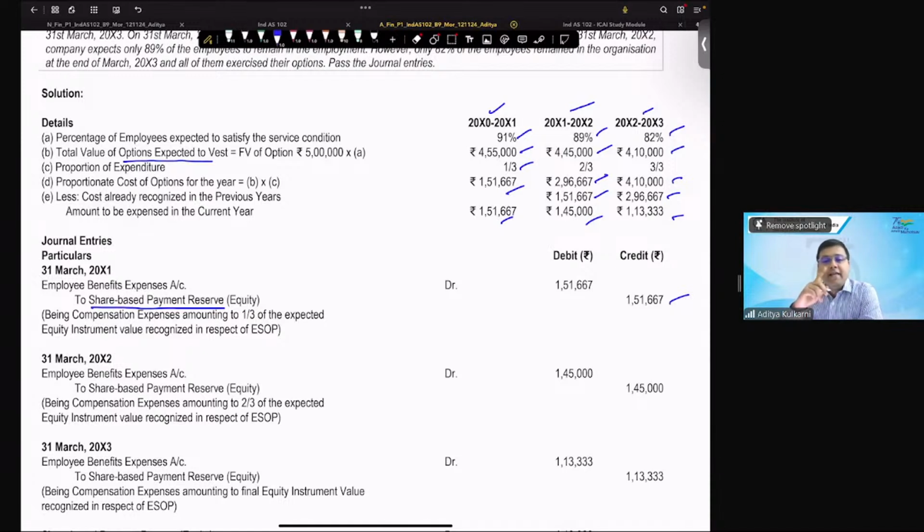Instead of share-based payment, we used a different term there, stock options outstanding account. Okay, it's the same thing. Only the name has changed. It becomes an SBP reserve now. And this will go as a part of your equity. Sir, why equity? Because what you are going to issue to them is equity shares.